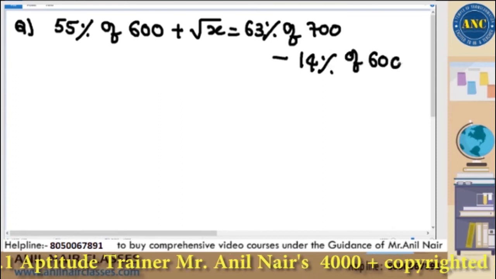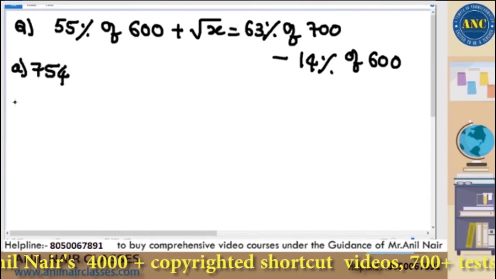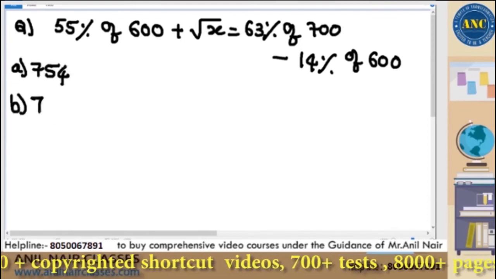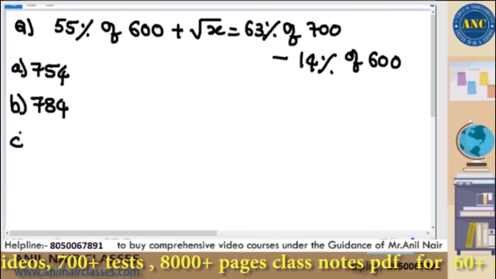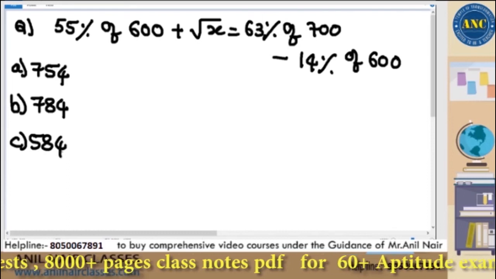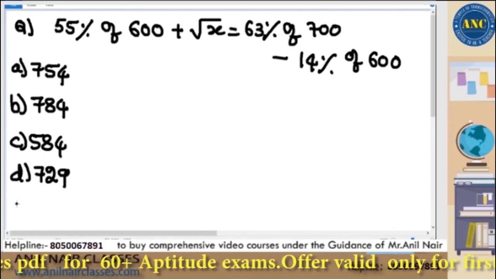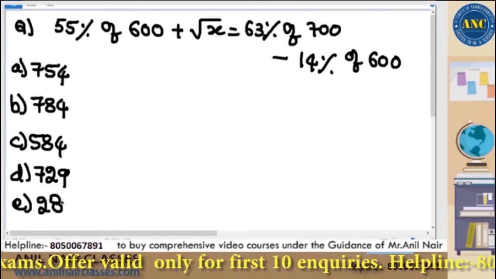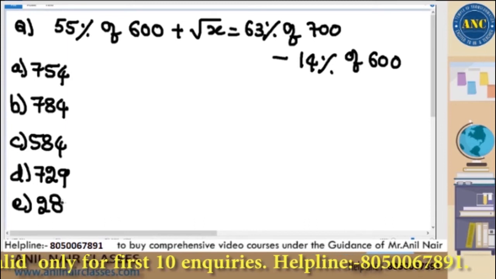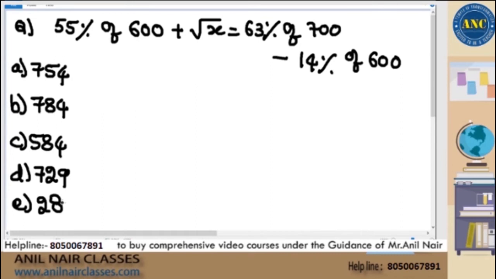By the end of the class you will get which logic to use. Write down options. Option is 754, next is 784, next is 584, next is 729, next is 28. 55% of 600 plus root x equivalent to 63% of 700 minus 14% of 600.